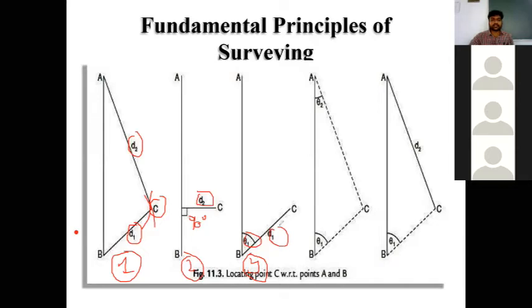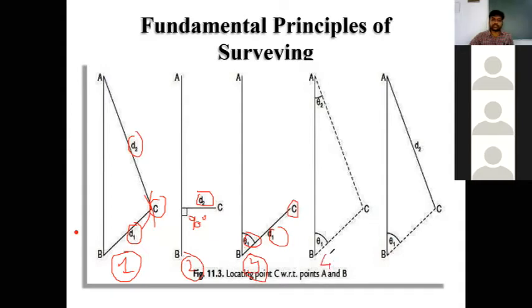With these two data, we have to establish the point C. AB we're going to draw with the linear measurement, and angle ABC we're going to set by θ1. After getting the angle, we know the distance D1. By measuring with the help of tape, we're going to locate C. So this is the third case.